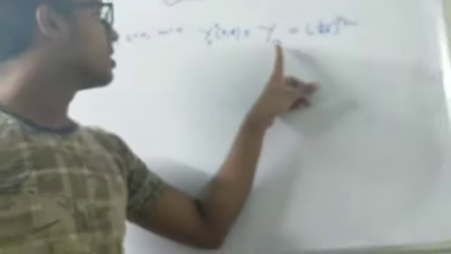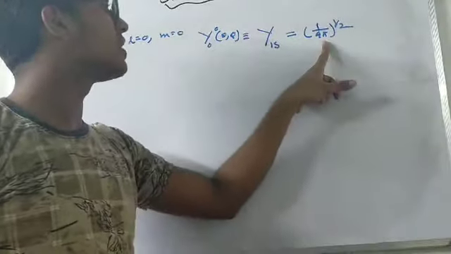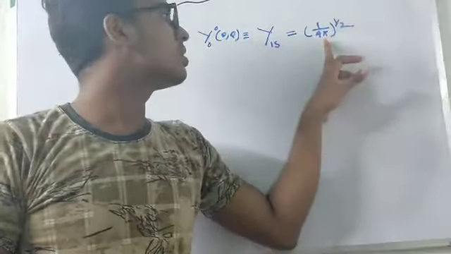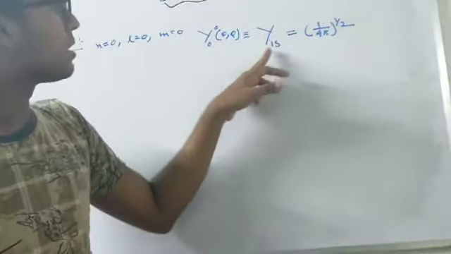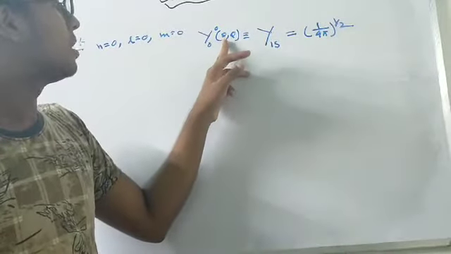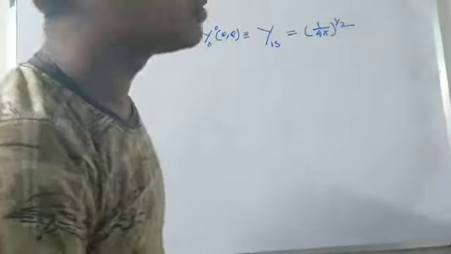So that means the angular wave function of the 1s orbital does not depend on theta and phi.